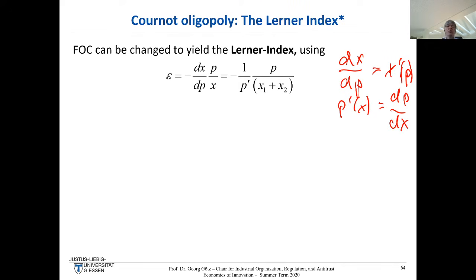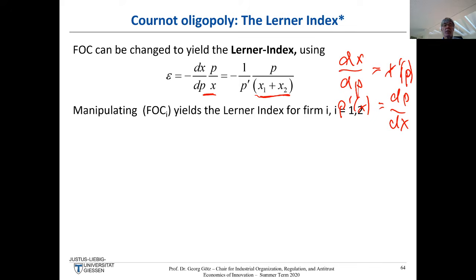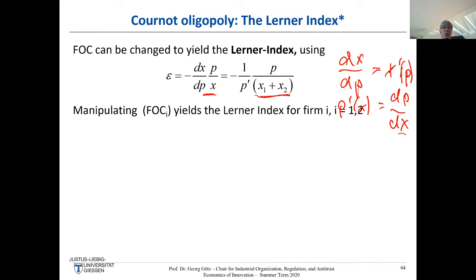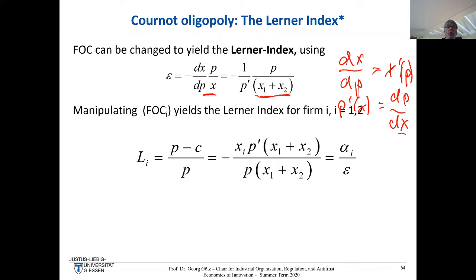The important point here is that all this x here is just the aggregate output, x1 plus x2. And of course, the dx, the change in x, is always 1. If the output of one firm changes by 1 unit, aggregate output also changes by 1 unit. Manipulating the first order condition yields the Lerner index.